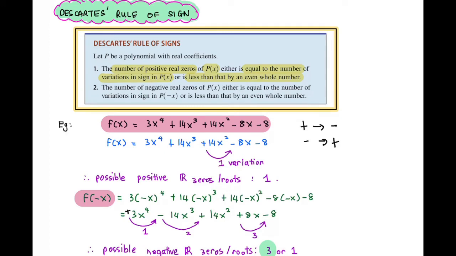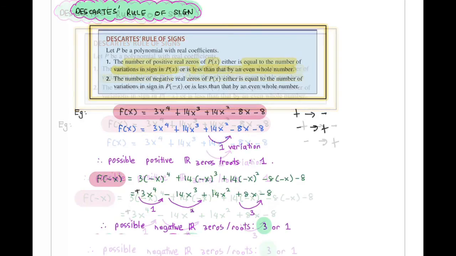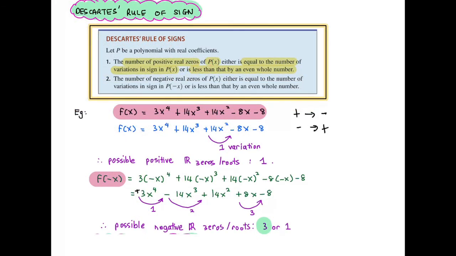However, if the number of variations is more than 1, you need to take the number and subtract an even number from it. For example, if you have one variation, it doesn't matter, you just have one. If you have 2 variations, you need to subtract an even number, so minus 2. So if you have 2 variations, you must answer it with 2 or 0.